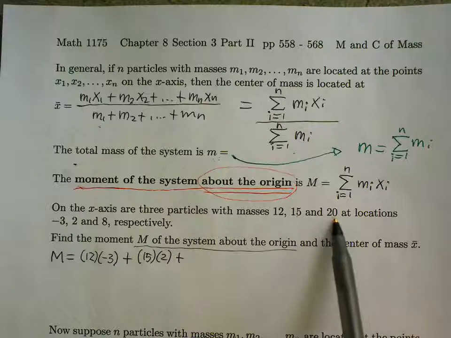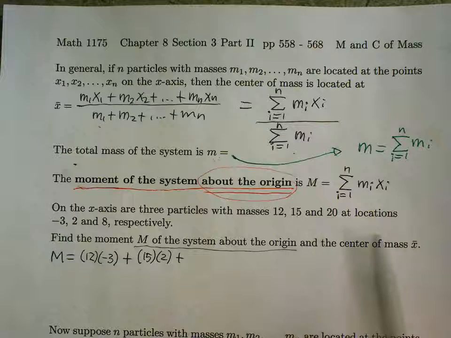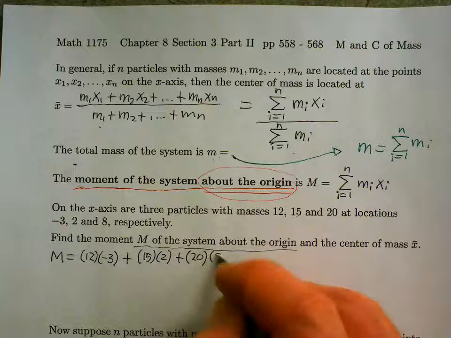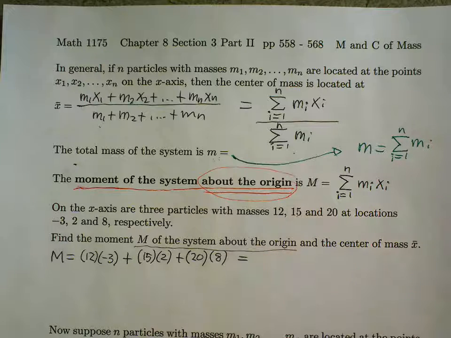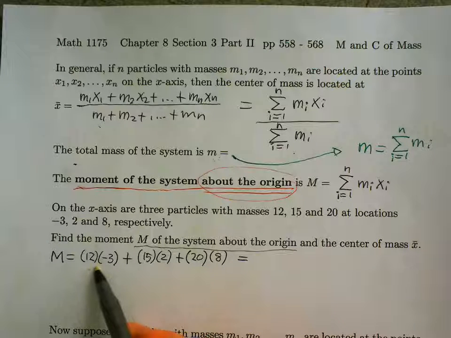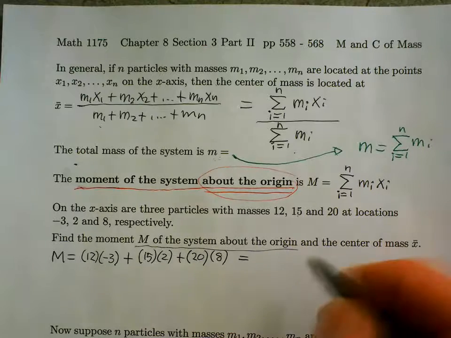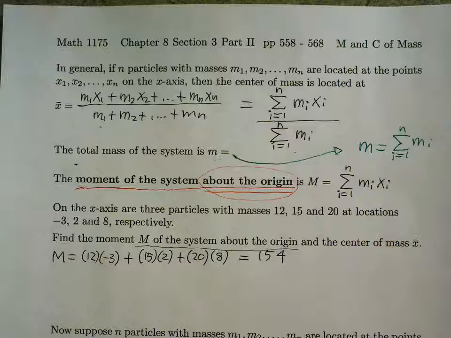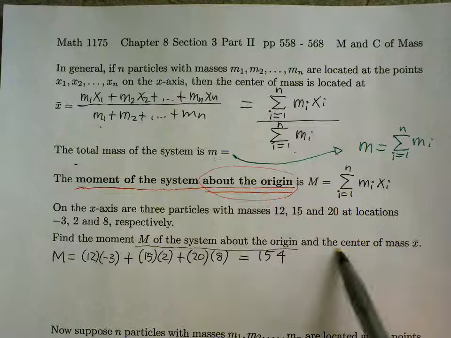And then the third particle has mass 20 located at 8. So it's 20 times 8. And let's see, 160 plus 30 is 190, minus 36 is 154. So the moment capital M of the system about the origin is 154.